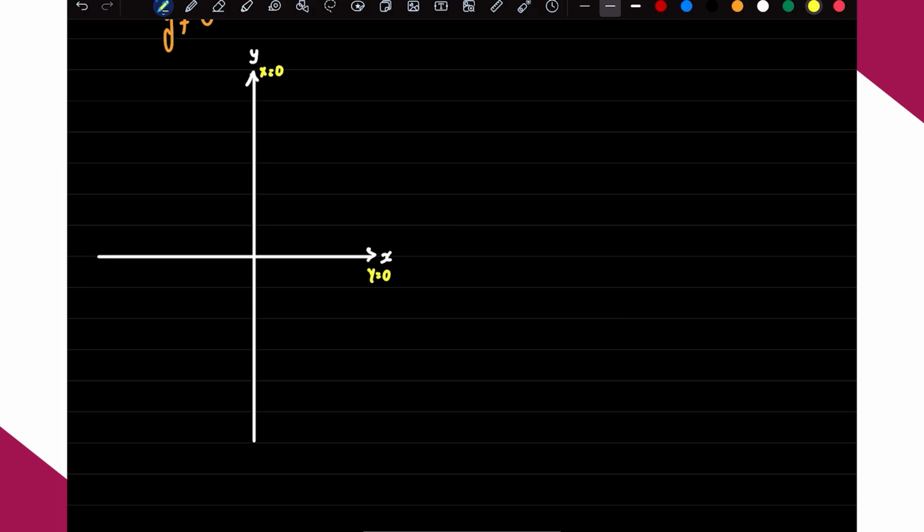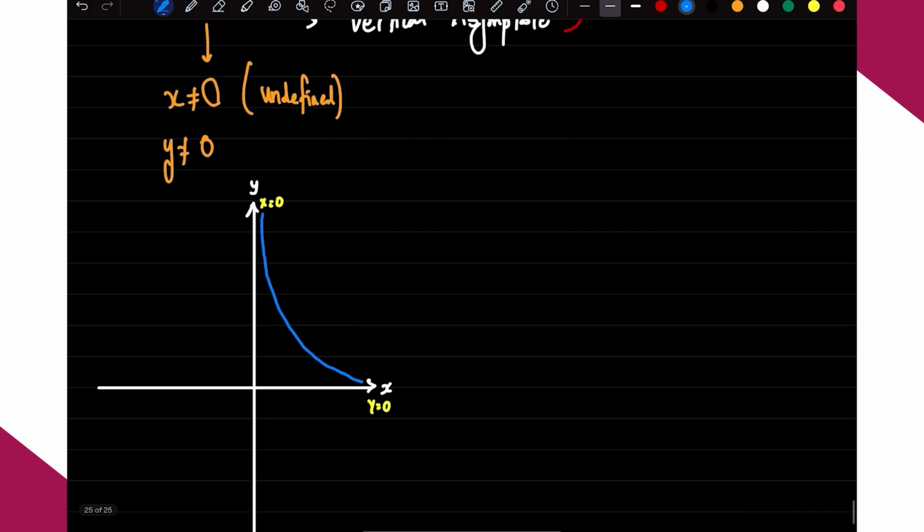Okay, and the graph would look something like this. It's never touching y equal to 0 and it's never touching x equal to 0. And again, this is for x having all real values, so that's kind of like the domain. And over here, y also has all real values. You can put negative values here.